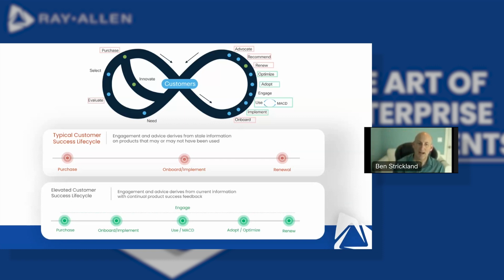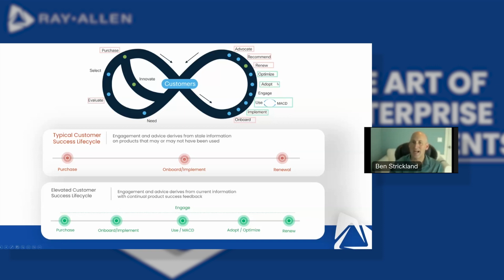It's not just about the purchase events, the start and stop of this side of the life cycle. It's also about everything that happens in between, especially this use piece right here. What are all the MACDs that happen over time?